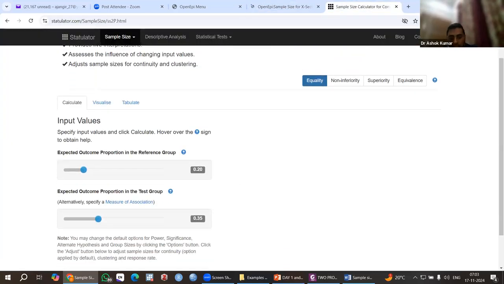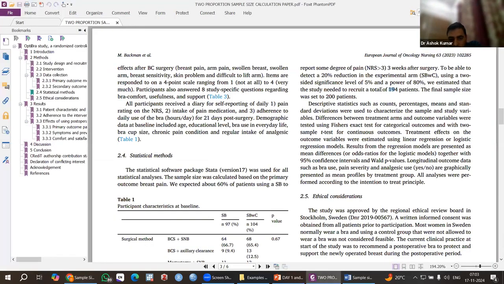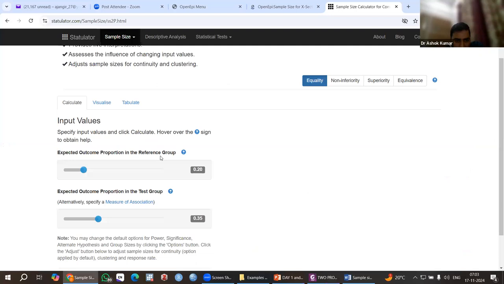So in this example, we can see it is 60% in the reference category or control group, 40% in the experiment. We can select it here. So in reference or control, it is 60%. We can bring our cursor here, then we can drag it. You can see the value changing.